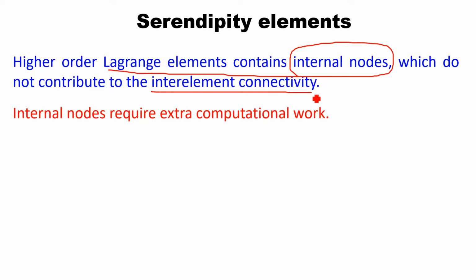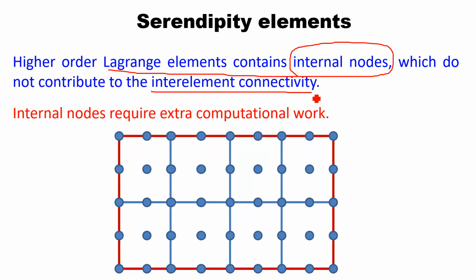For example, consider one rectangular domain, shown by this red line, which is divided into 8 elements. If you look at the first and second element, these three nodes are common.